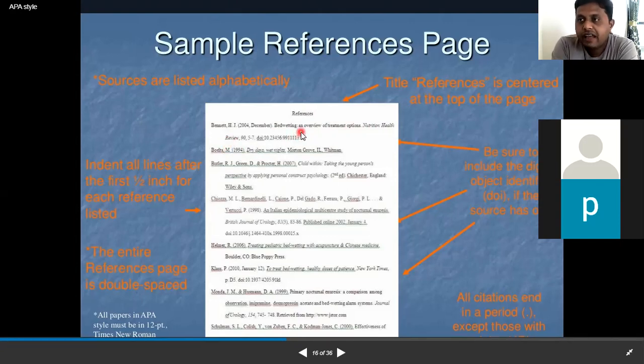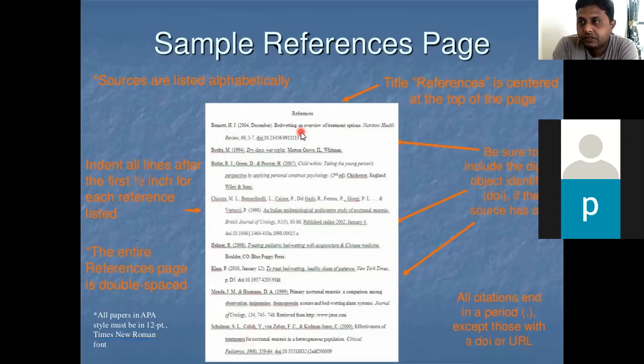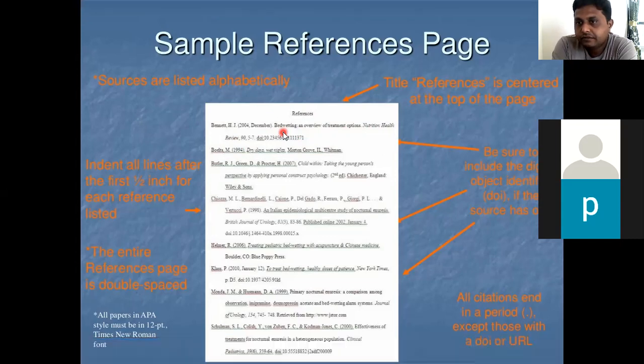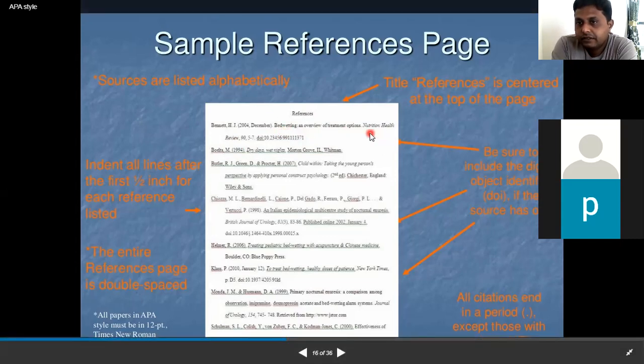In the case of MLA, the title is written in italics. But in the case of APA, it is not in italics. That's the difference. See over here, this is the title of the article, and this is the title of the journal.